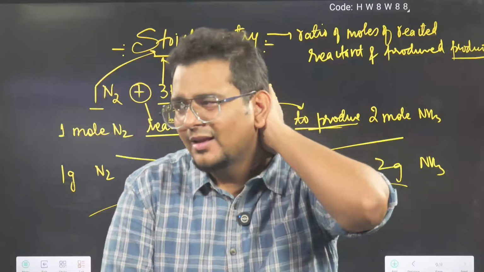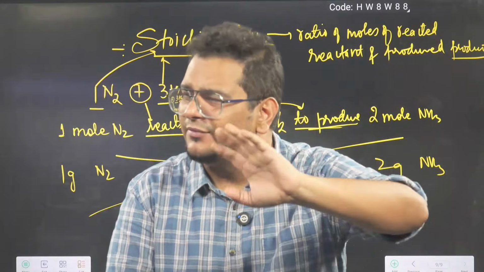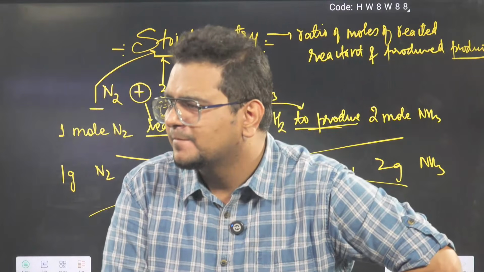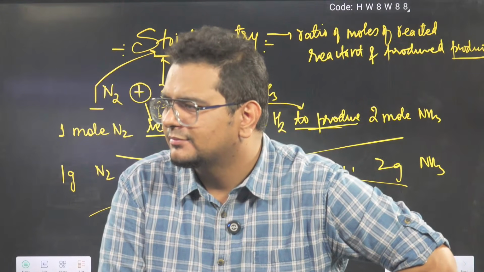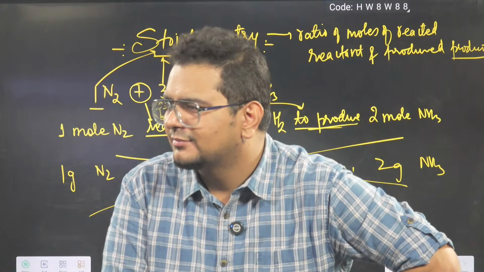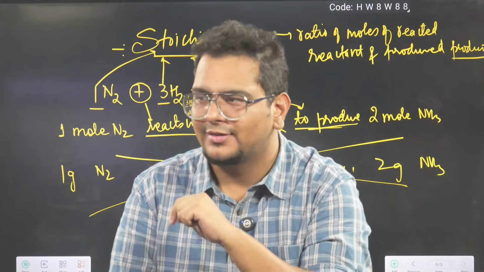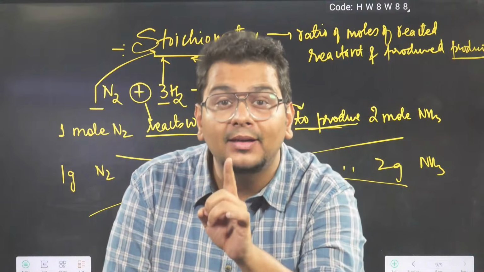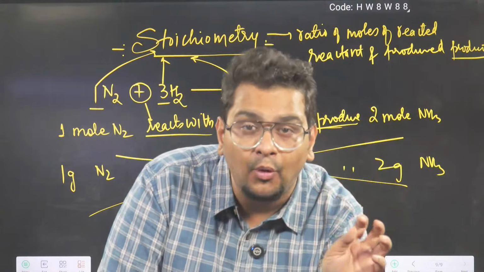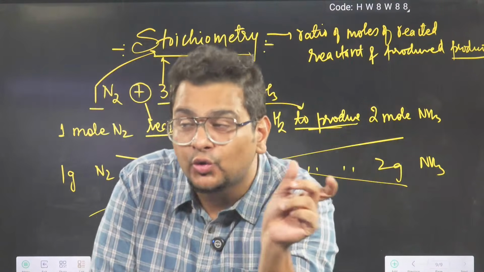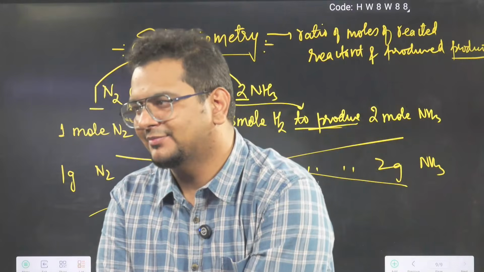One girl marrying does not mean that in the universe only 1 girl is there. It means that 1 girl marries 1 boy, 1 boy marries 1 girl. That's the ratio of girl and boy in the marriage.